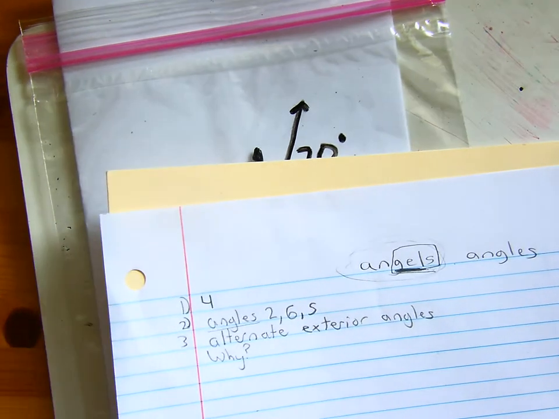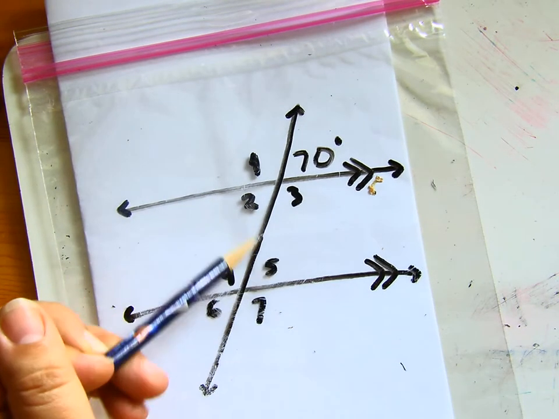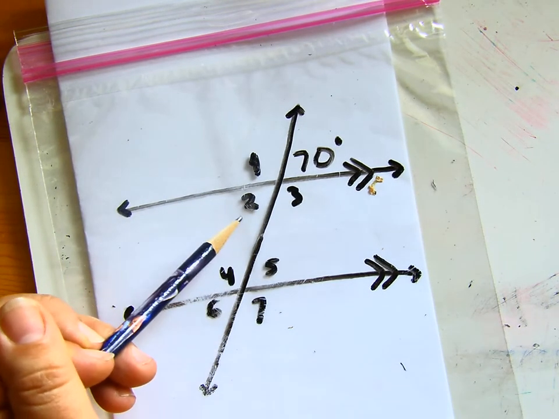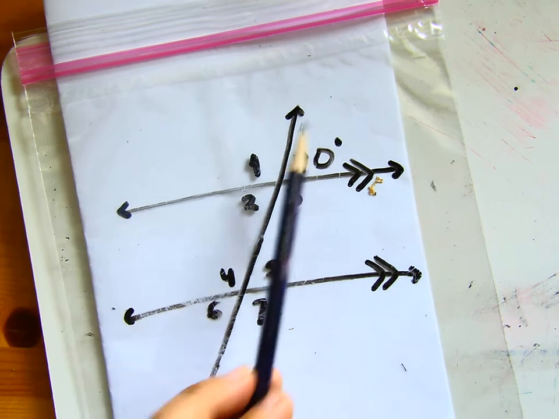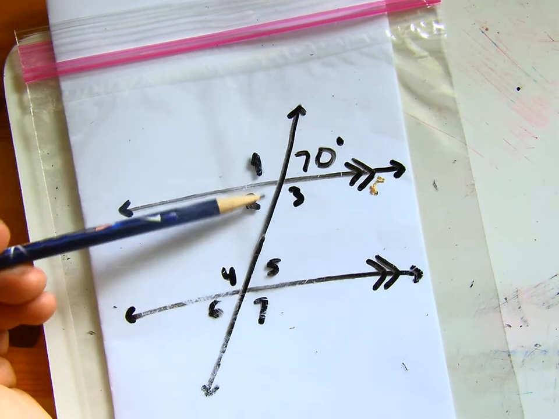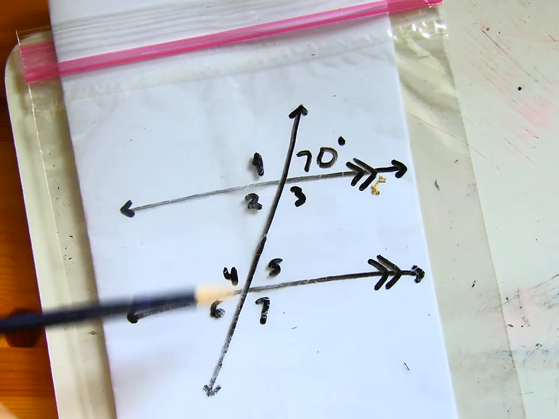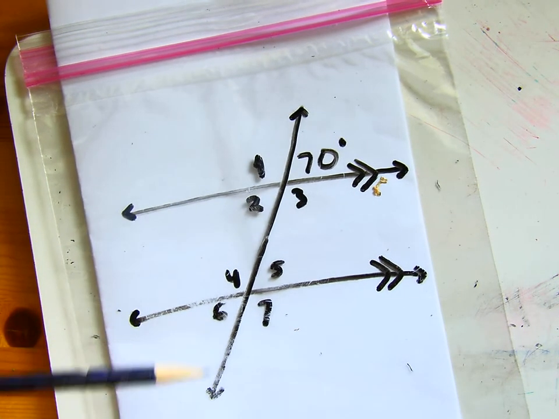And I'll let you think about that. If these are alternate interior angles because they alternate across the transversal line, remember this is the transversal, and they are interior of the parallel, then why do you think these are called alternate exterior angles?